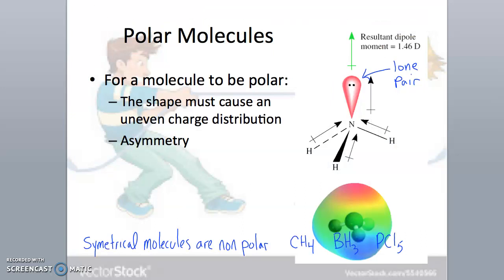For a molecule to be polar, we have to look at the shape, and we have to have an unequal distribution of electrons. And we can see, like in this example, we've got ammonia. So we've got 3 hydrogens, and we've got this lone pair of electrons. It's not a symmetrical situation. So we have what we call a dipole, and this is a polar molecule.